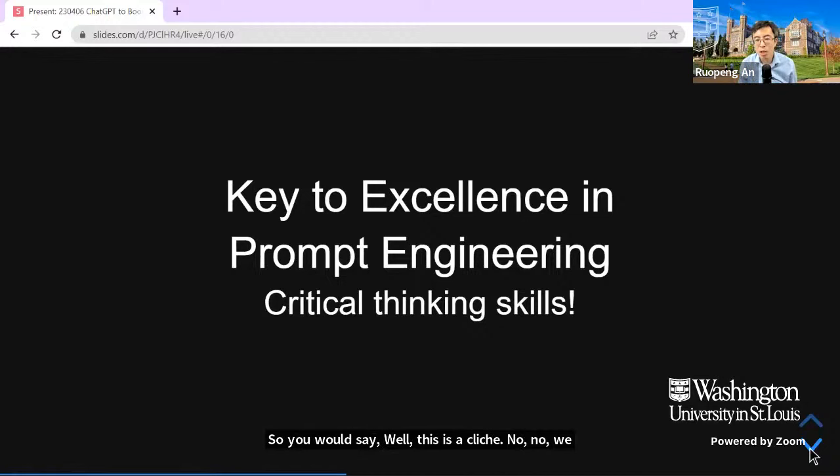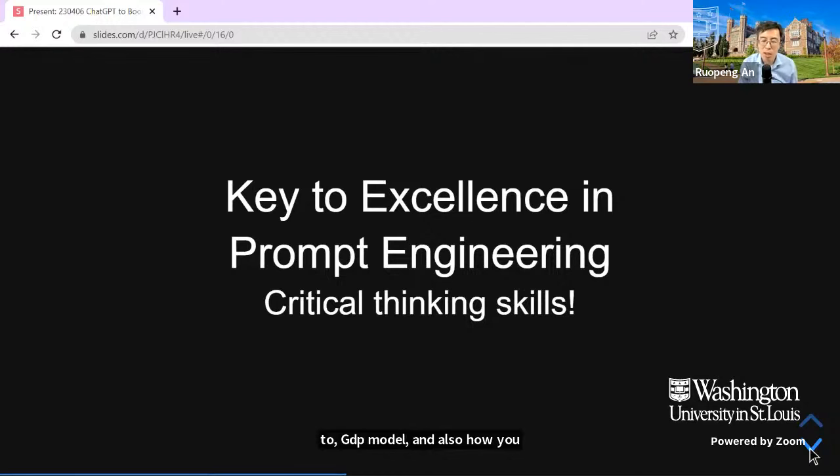We know how important critical thinking is, but what is the deal here? The deal, as I'm going to illustrate later in this and also the next talk, is to tell you how you think critically in communicating with ChatGPT, to make your idea clear, to make your demand clear and transparent to the GPT model, and also how you can inspire each other.